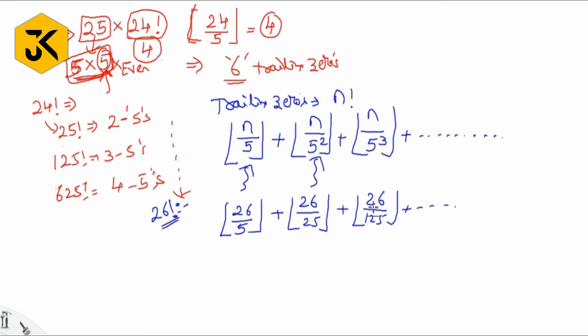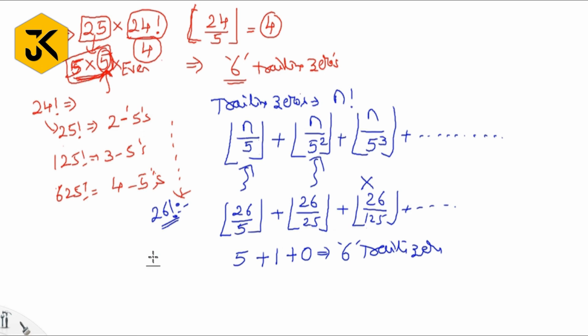Let me explain when to stop this process. 5 5s are 25, so here 5 trailing zeros are there, plus 26 by 25, 25 ones are 25, you will get 1 point something, so plus 1. For 26 by 125, you get 0 point something, which means 0 only. So here I stop my process. So total 6 trailing zeros are there in my number.